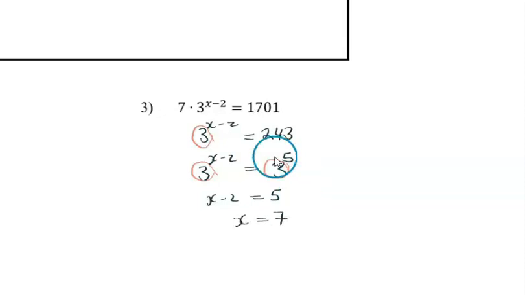We can check again by substituting 7 into our original equation, and you get 3 to the power of 5. When we multiply by 7, that will give us the number 1701.